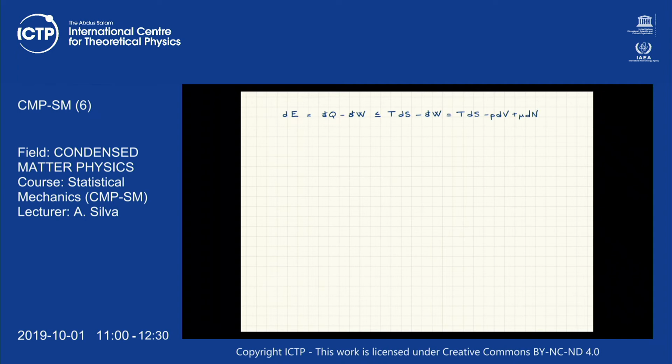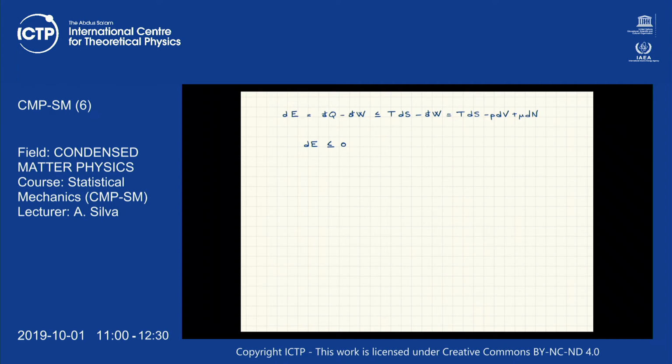Therefore, this equation tells me that if I fix the entropy, the volume, and the number of particles, any transformation that I'm doing on the system tends to lower its energy. So dE has to be always smaller or equal to 0 if I fix those three variables.